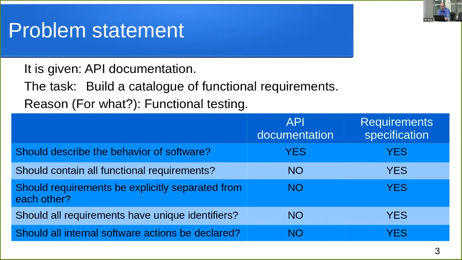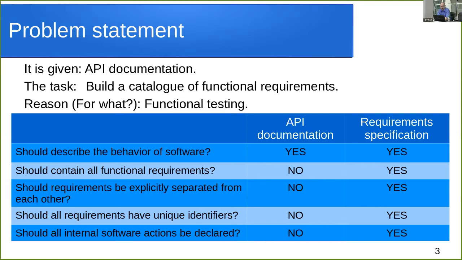And the second fundamental reason is that it is very hard to provide this high quality of requirements in this API documentation, because we just have statements but not distinct requirements.